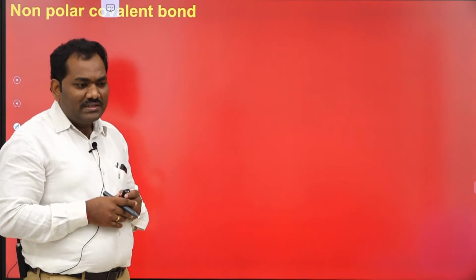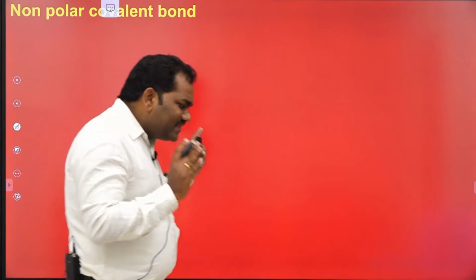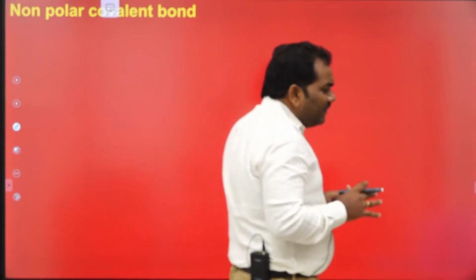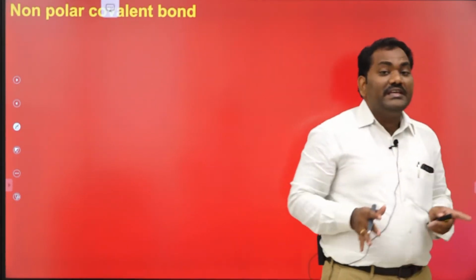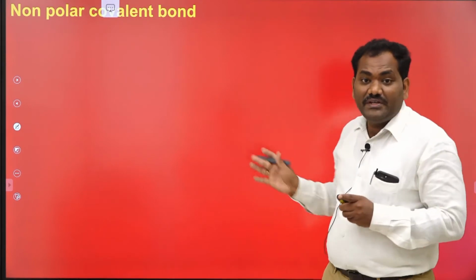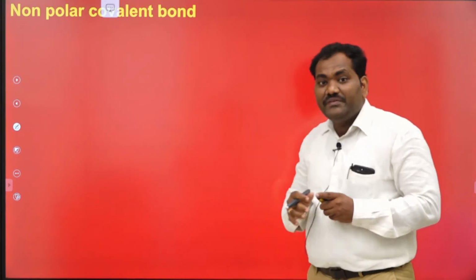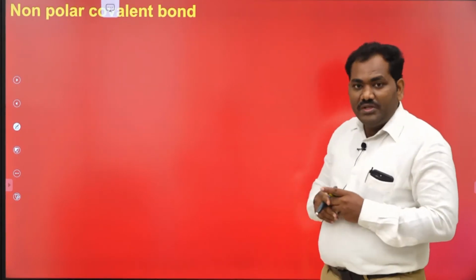Next, we are discussing the types of bonds. Generally, bonds are classified into different types based on the electronegativity difference between the atoms in that molecule.